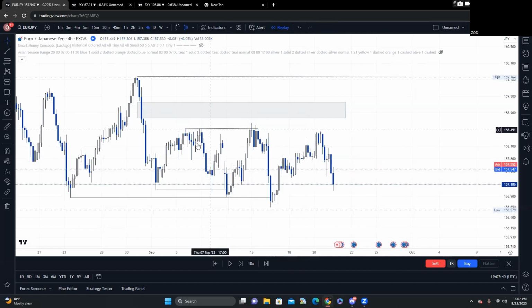But since we've seen the market respecting this level here, which retail traders may also call a resistance level, and then we have the break of structure to this side, we now know that the market is going to shift aggressively, possibly to the downside.